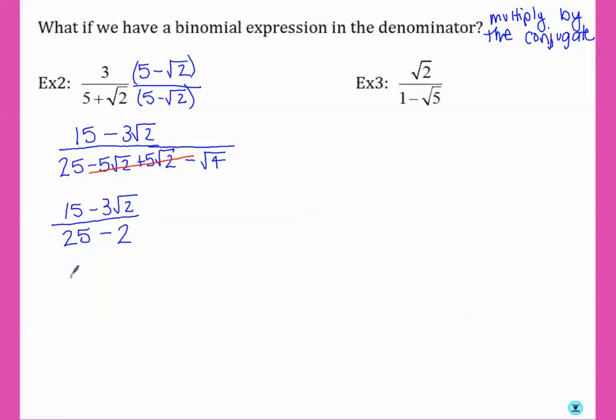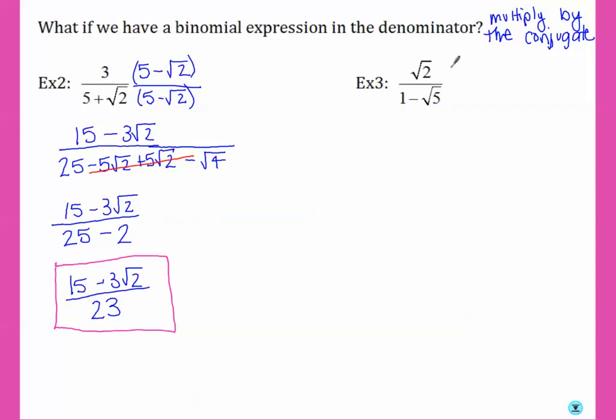So we have 15 minus 3 square roots of 2 over 23. Now, we can't in this case, but if 15, 3, and 23 were all divisible by the same number, then we would simplify our fraction more. But since they're not, our final answer is 15 minus 3 square roots of 2 over 23.